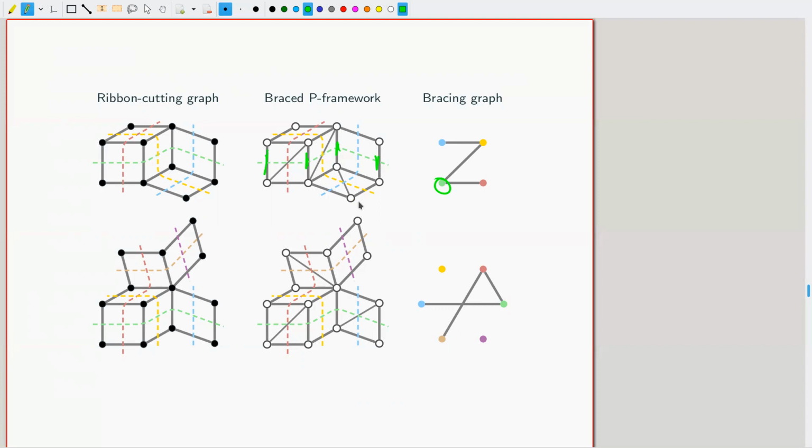It might happen that they meet multiple times. If you take something that is not coming from a tiling, you can get ribbons intersecting each other at 2 or more 4-cycles. But if they intersect at a 4-cycle that is braced, I put an edge in my bracing graph. So again, this edge is because of this diagonal, because the green and yellow ribbons meet here, so they are connected in the bracing graph.